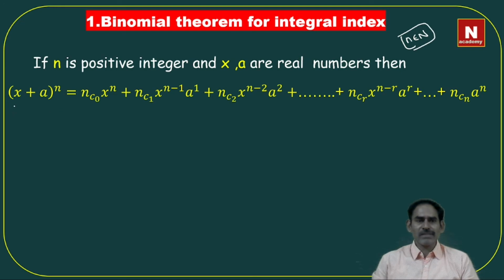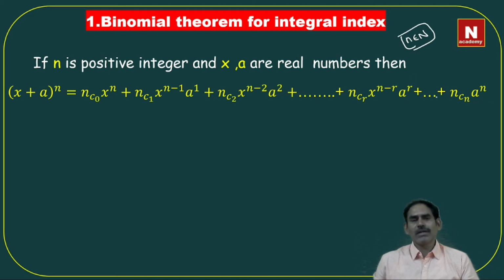Next, first term x, second term a. Power of the first term is decreasing, starting with n: x power n, x power n minus 1, n minus 2, so on, last x power 0. That means power of x decreases and power of a increases. Here a power 0, but it is not written, a power 0 is 1. Here a power 1, a square, so on, a power r, and last a power n.